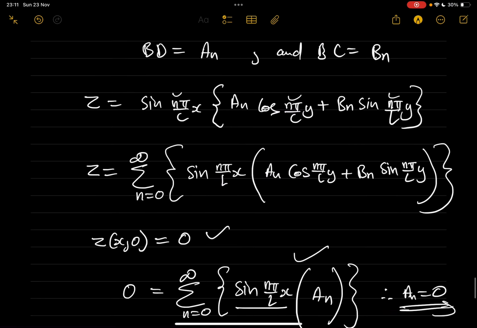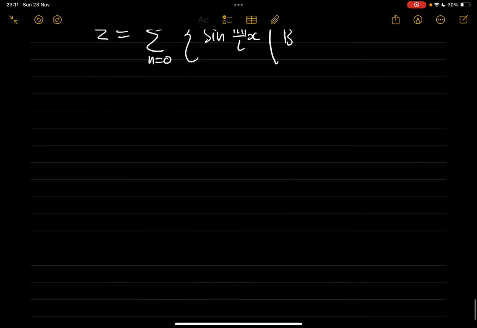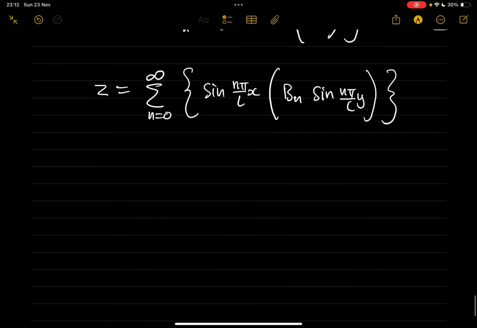If an is 0 here and we substitute it, this is going to be 0. So now our new one is going to be bn sine n pi over l y. So this is what we have.